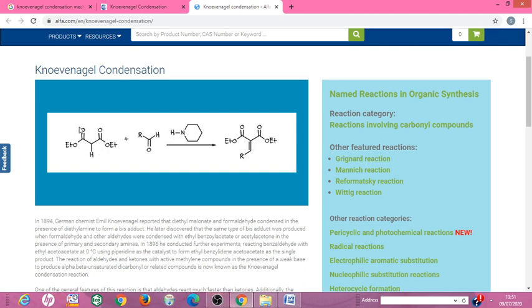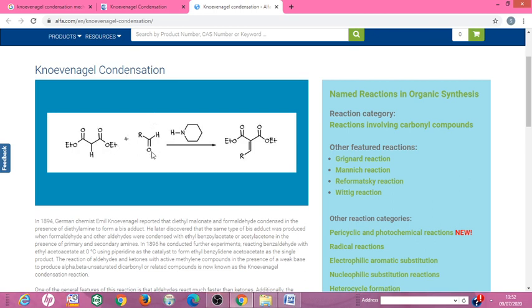Carbonyl group is an electron withdrawing group, and these are the 2 electron withdrawing groups. If the methylene group is present neighboring to 2 electron withdrawing groups, then the protons present on this methylene group become more labile, active, and these protons are known as active methylene protons.